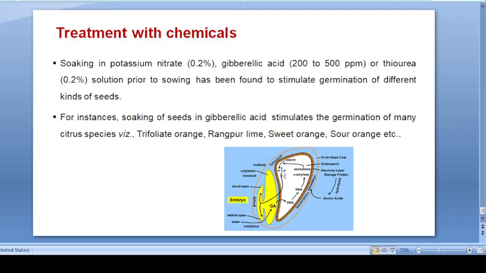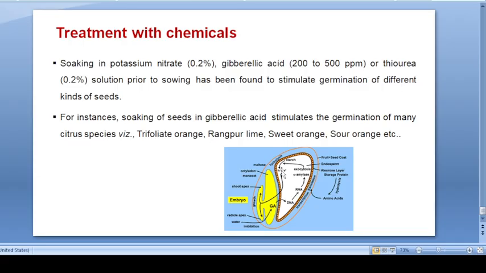In some vegetatively propagated vegetables, we see dormancy, especially in potato and onion. If we see dormancy in potato, immediately after harvesting we should not plant. We have to store it for at least 1 month in order to break the dormancy.